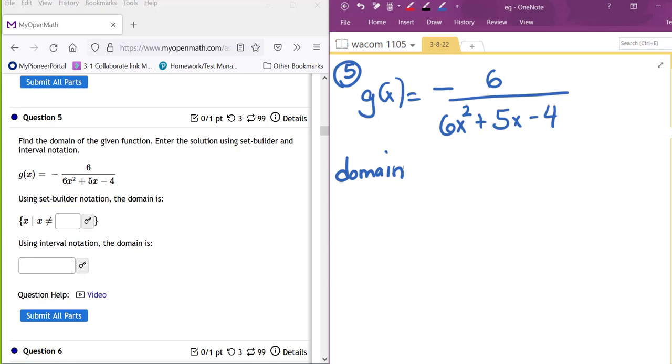Pause for just 1 second. Right, so we're going to set this equal to 0 and solve, and then throw those away.